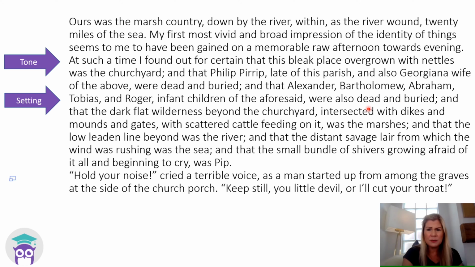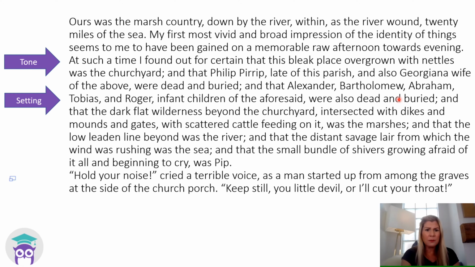The tone is also very gloomy because of some of the content. It's not just the setting, but the listing of all of those people that are dead. And then we've got these adjectival phrases, dead and buried, repeated. So we've got this very gloomy, depressing tone that's then mirrored in the setting.